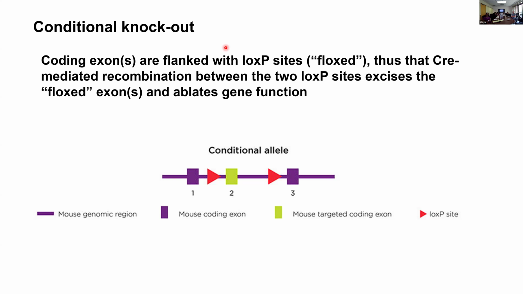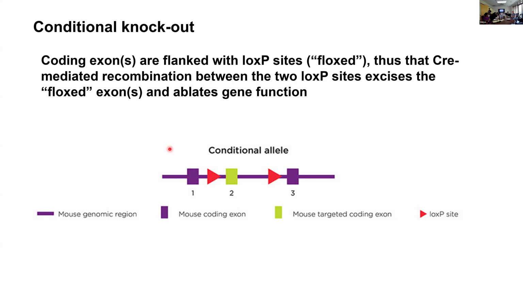By design, conditional knockouts are made in a way that the gene will be deleted only where you want it to be deleted, and when you want it to be deleted. So that's why it's conditional. I will illustrate that later on.